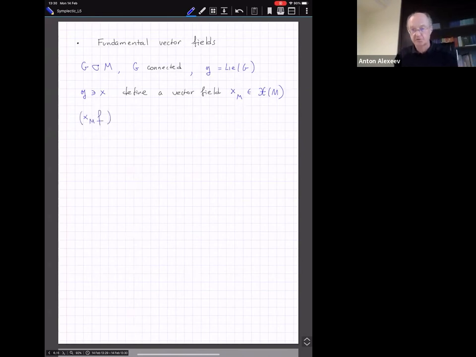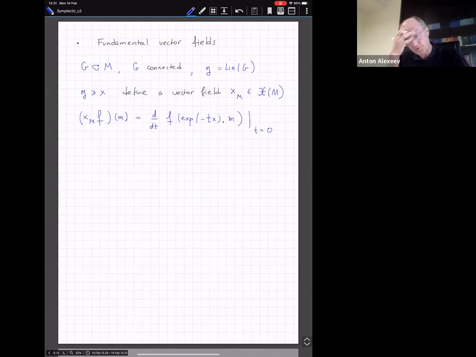Right, so a vector field should be able to differentiate a smooth function. It's like a first order differential operator. And I'm telling you what's the result of applying XM to a function computed at some point m. So here that's the following formula. And I must say, when preparing, I always get confused about one thing. I'll tell you which one.